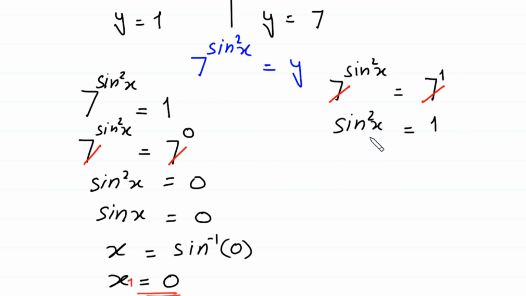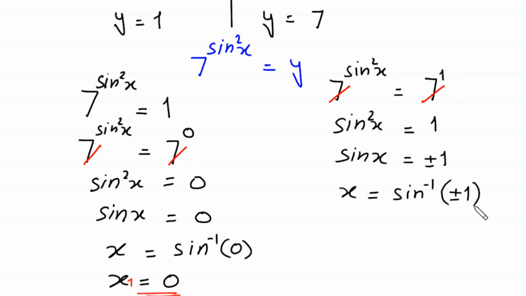And if we take a square root of both sides, we get sine x is equal to plus minus 1. And we move this sine to the right side, then it becomes sine inverse. X is equal to sine inverse of plus minus 1.